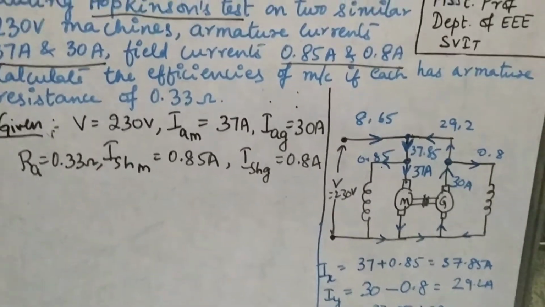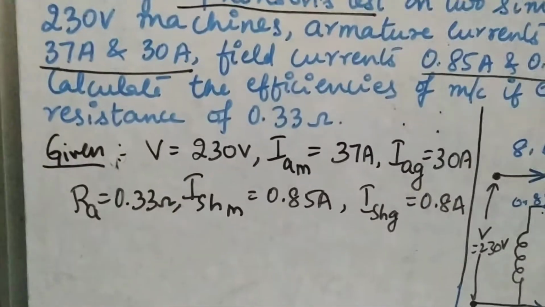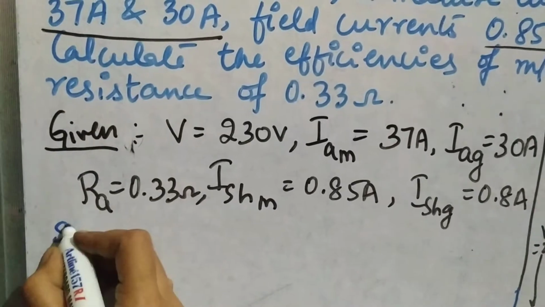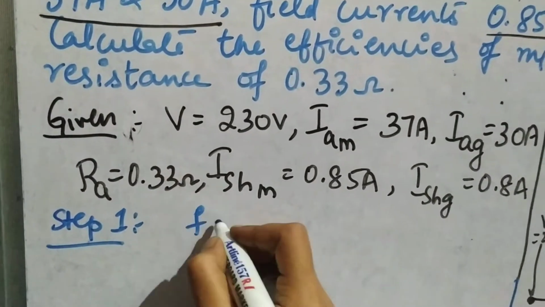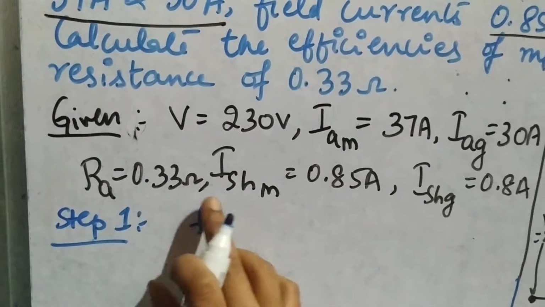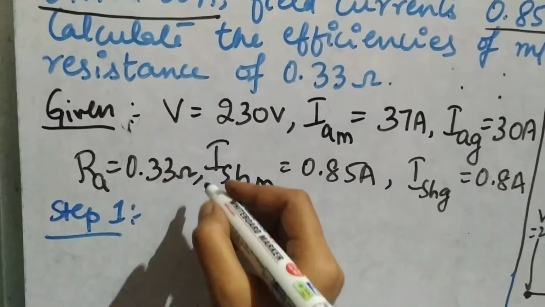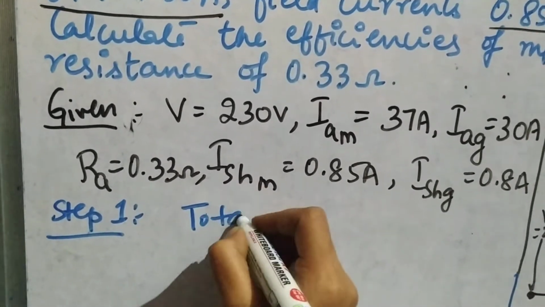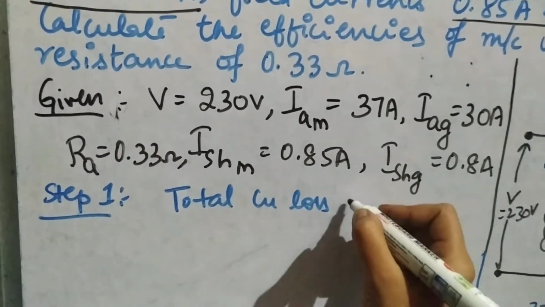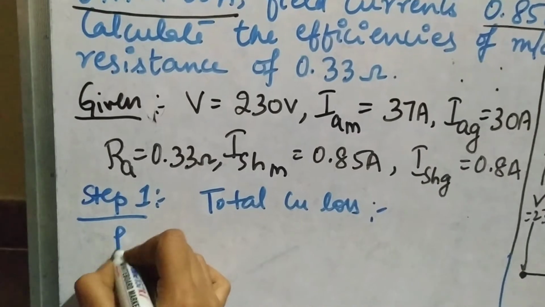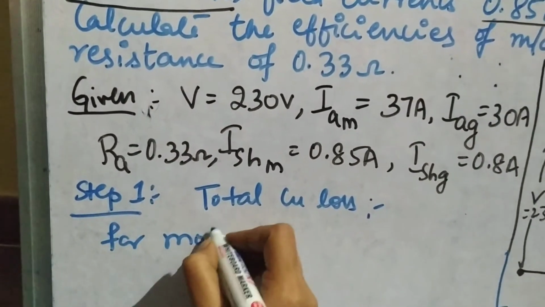What is the first step? Step 1: first we will calculate all the copper loss. Total copper loss calculation. Now start with the motor.